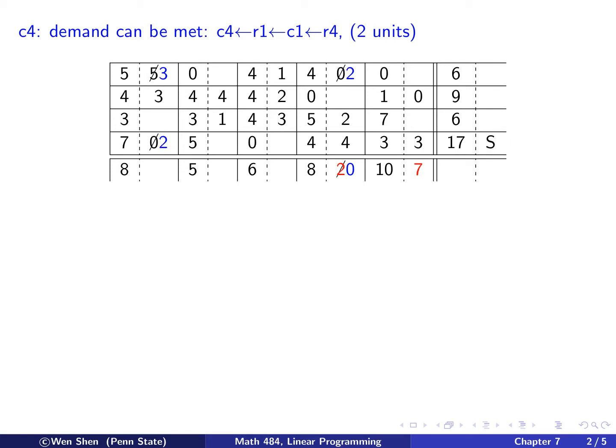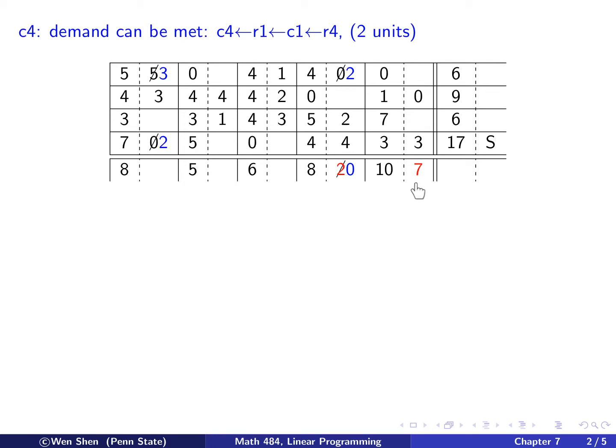So you take 2 extra units here, reduce it here, increase it here, and then you end up in column 4. Once you've done that, the unmet demand is all done. So now 0 units are needed. Okay, so that's one round of adjustment.